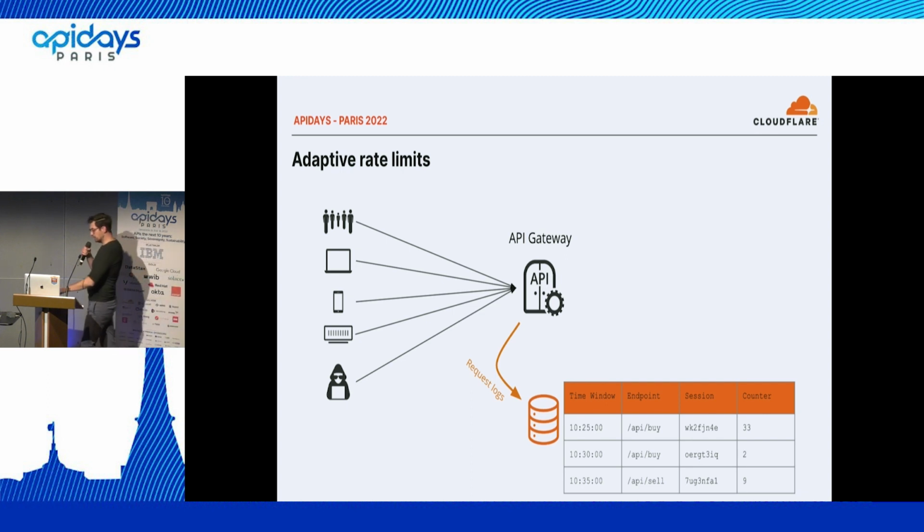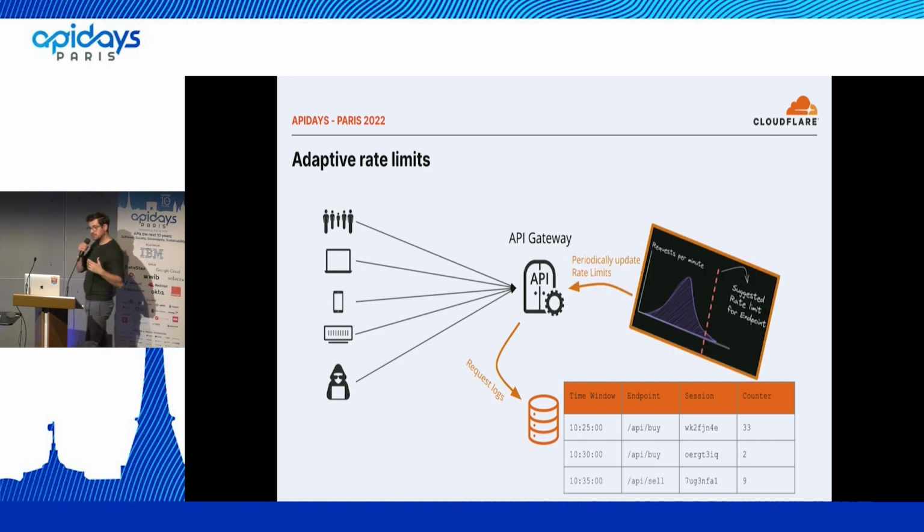And what you're able to do then is you can basically plot the distribution, right? So the x-axis would be number of requests in 5 minutes, and the y-axis would be the number of sessions that are actually doing that. And I can tell you, it doesn't always look as normally distributed as this graph.